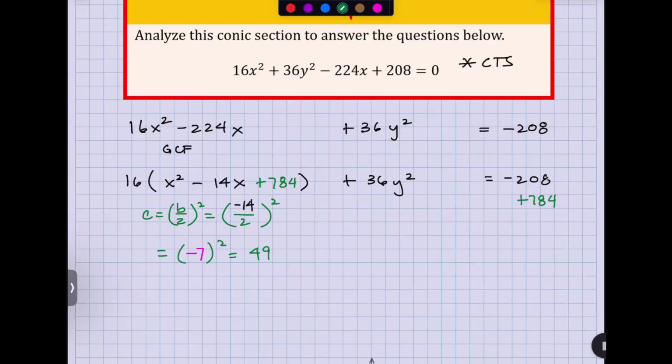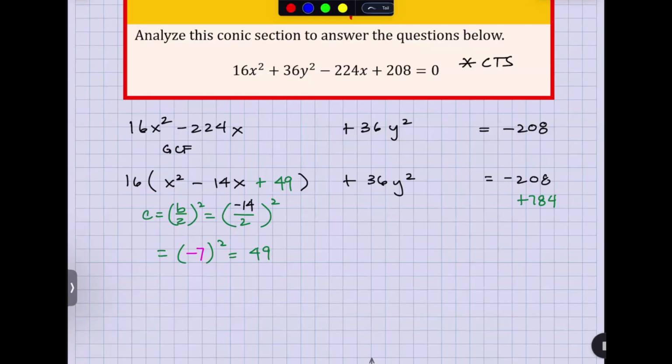Do we understand why I added 49? But why did I add 784 on the other side? Because you still have the 16 that you need to multiply.